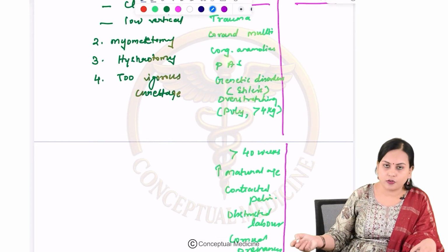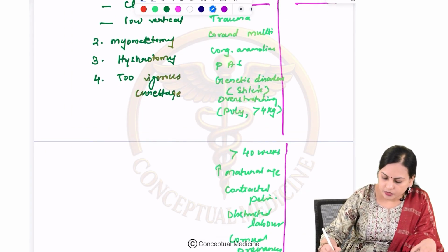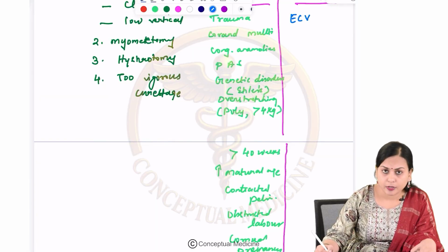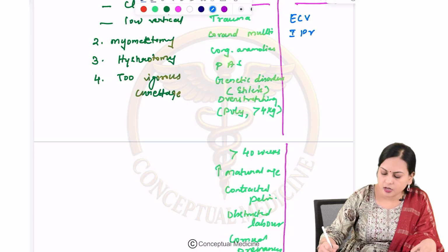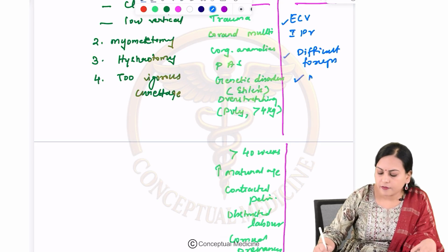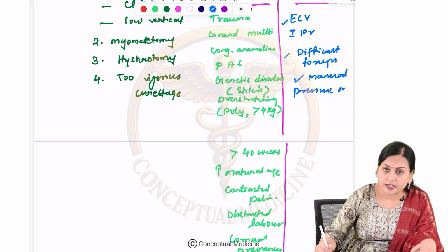So, we will see some iatrogenic causes of unscarred uterus. This can happen while you are attempting to perform versions like external cephalic version or internal podalic version, or when there was a difficult forceps delivery, or when you gave a manual pressure on the fundus.